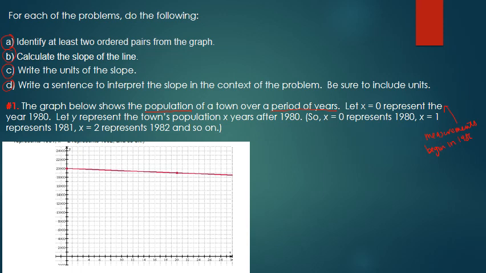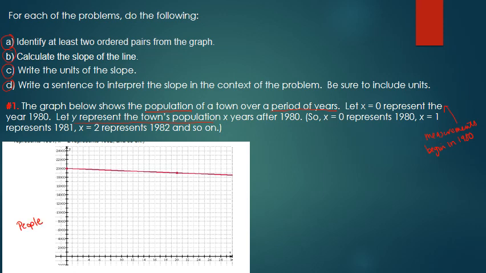Okay, let y represent the town's population x years after 1980. So another thing that I can do here is it says let y represent the town's population. So a population is really a number of people. So for dealing with units and things like that, we want to actually say what that population is.